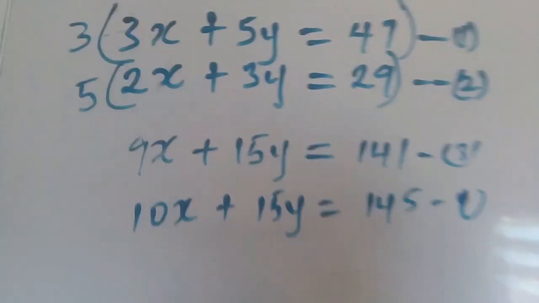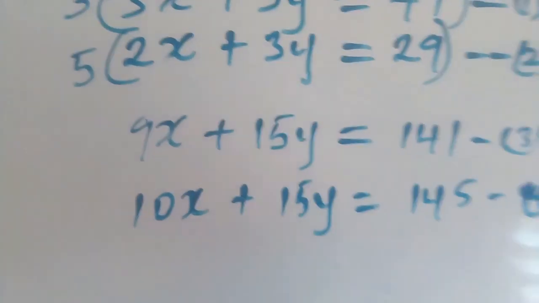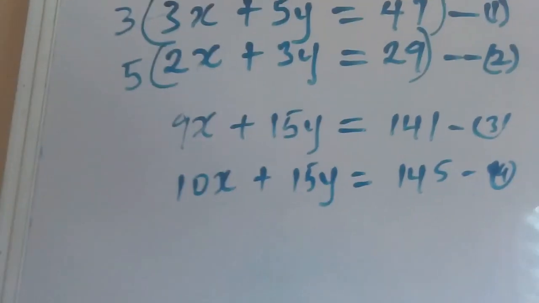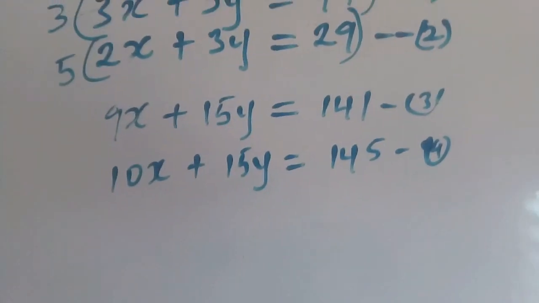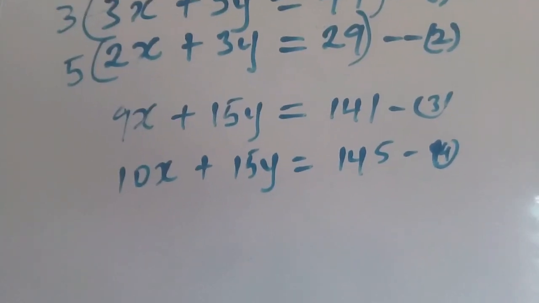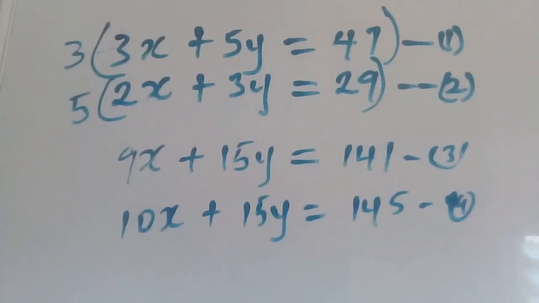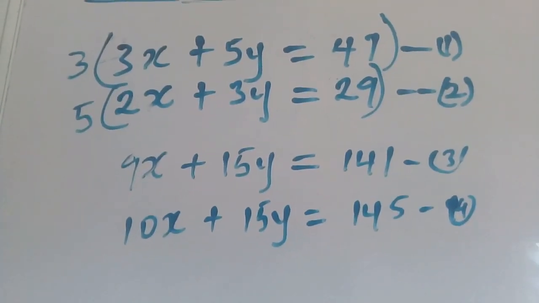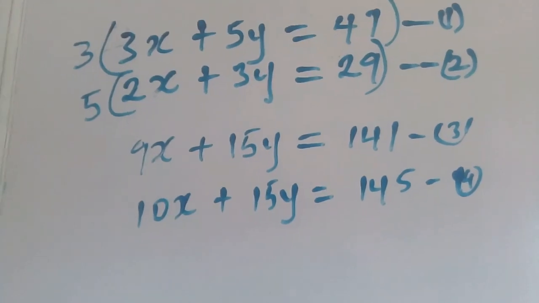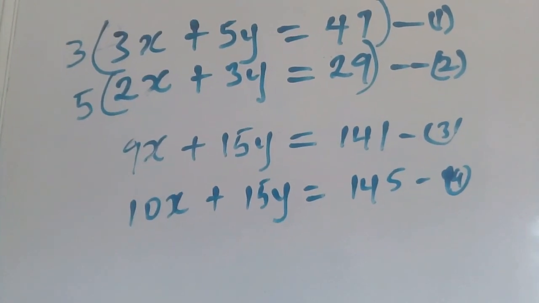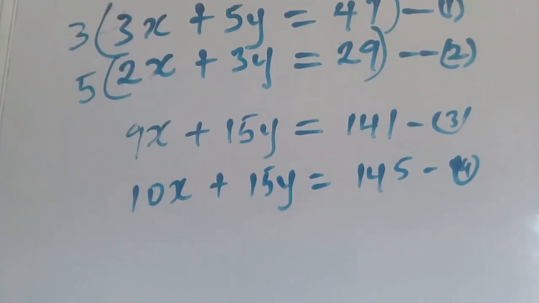Now we've been able to make sure that y, because y is what I'm interested in eliminating, is balanced. Because I have a plus 15 in both equation 3 and 4 as the coefficient of y, I'm going to subtract.